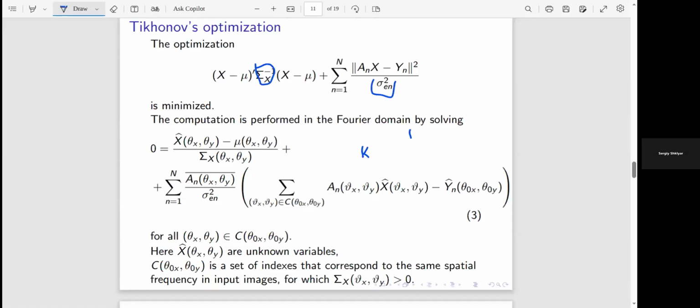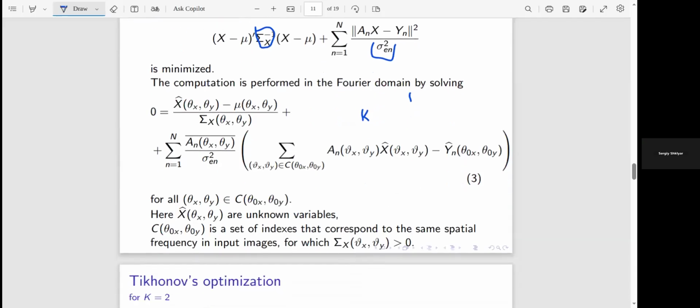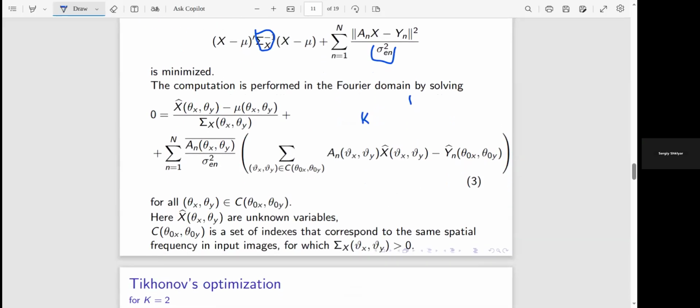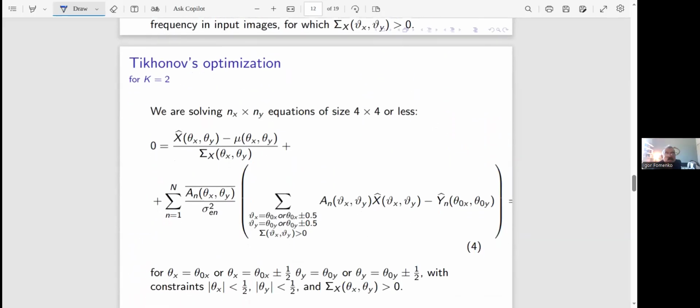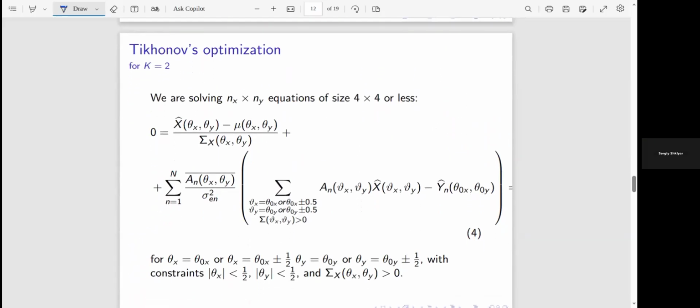K might be 2, 3, 4 at most. Okay, k equals 2. Let's check.